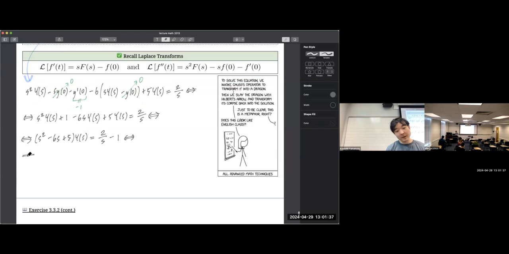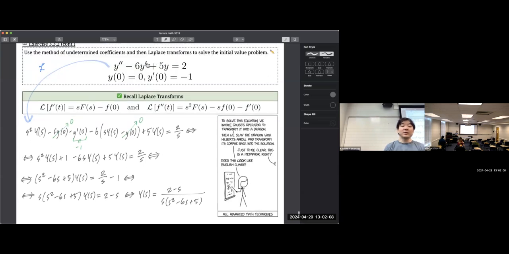So it'll be s times s squared minus 6s plus 5 times Y of s. This will be 2 now because you multiplied by s. This will be 2 minus s. And then you can divide everything, so your Y of s is going to equal 2 minus s over s times s squared minus 6s plus 5.